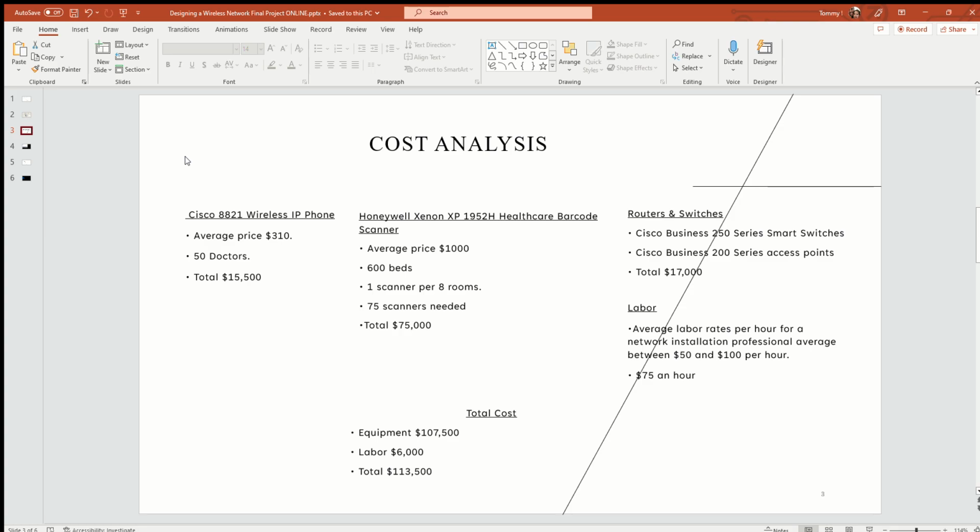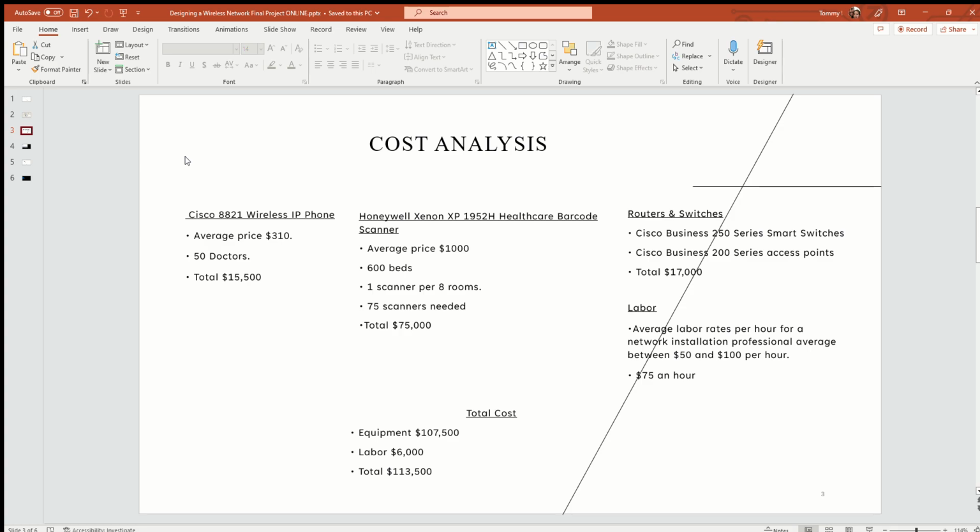The router and switches for both the Cisco Business 200 and 250 series, the total cost is $17,000. The average labor cost for a network installer professional ranges between $50 and $100. Since we're just mocking it up, we're going to land right in the middle at $75 an hour.